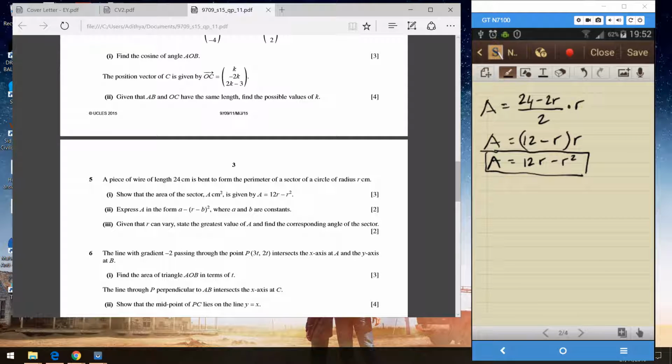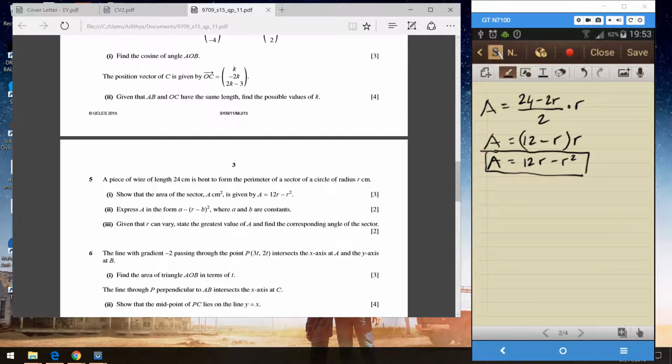In the second part of the question, we have to express A in the form A minus (r minus b) squared, where a and b are constants. There's a little formula that I like to use here.